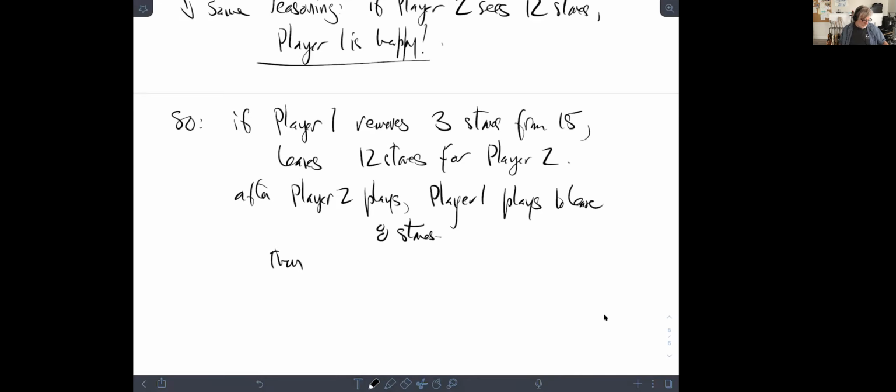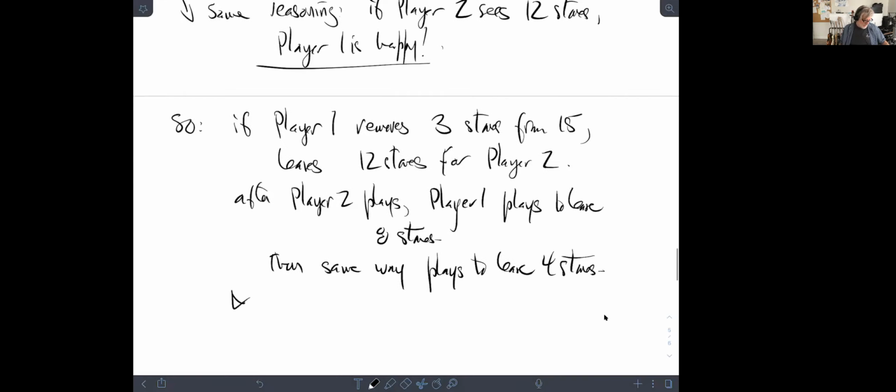Then in the same way, plays to leave 4 stones. And then after, man, that's long, eh? After player 2 plays, we'll remove the last stone.